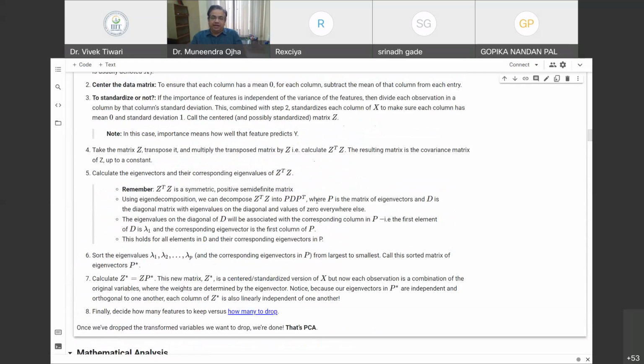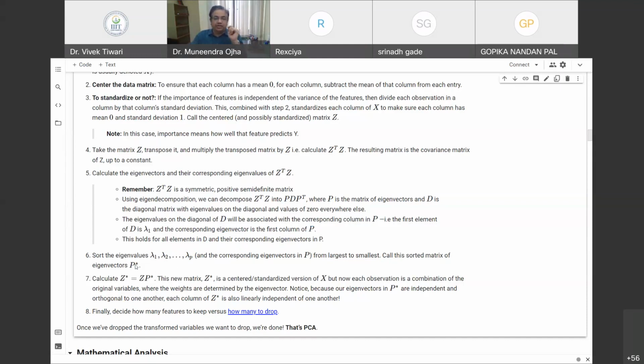So you see over here we have this decomposition. First, we find ZTZ. From this matrix, we perform an eigen decomposition with which we find P D P transpose. When we have P D P transpose, we sort our eigenvalues in decreasing order, largest to smallest. And when we sort them in this order, the vectors of P should also be sorted in the same fashion.